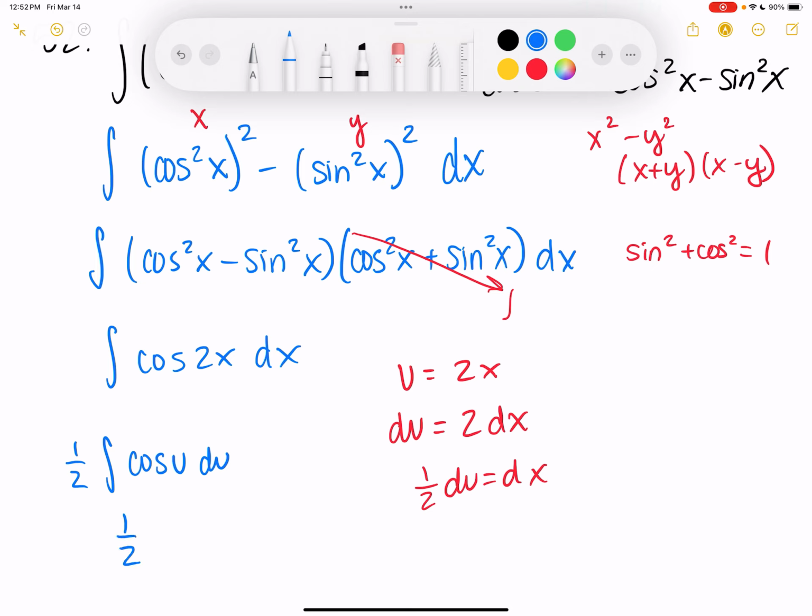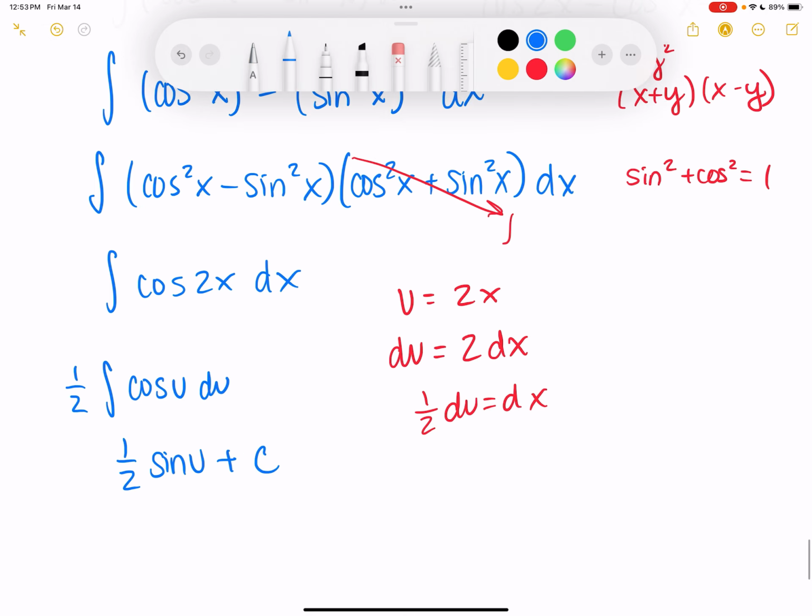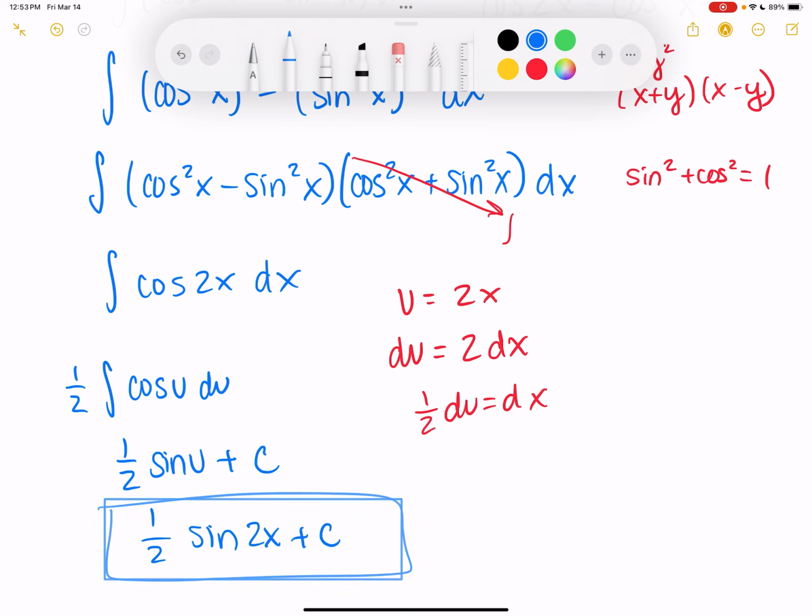So 1/2 sine of u plus c, there we go. And then I can rewrite that as 1/2 sine of 2x plus c. That wasn't as bad as it could have been. It just looked like it was going to be bad.